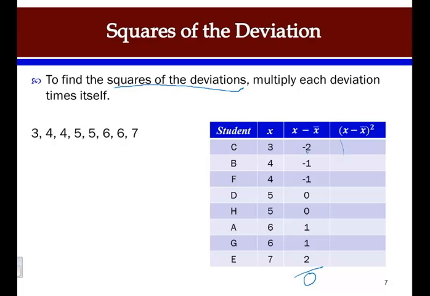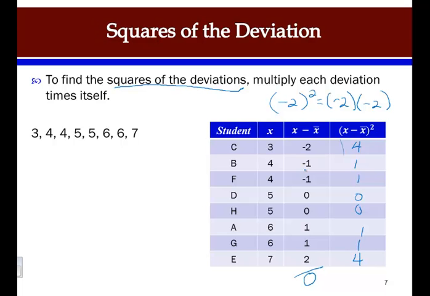So the square means to multiply the number by itself, and when you square, that is, you multiply a number times itself, the signs will always be the same, so it will come out as a positive result. So we'll get 4, 1, 1, 0, 0, 1, 1, and 4.